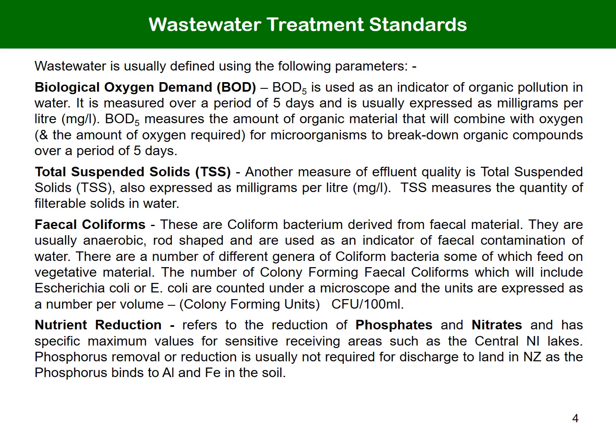Nutrient reduction refers to the reduction of phosphates and nitrates and has specific maximum values for sensitive receiving areas, such as the central North Island lakes. Phosphorus removal or reduction is usually not required for discharge to land in New Zealand, as the phosphorus binds to aluminium and iron in the soil.